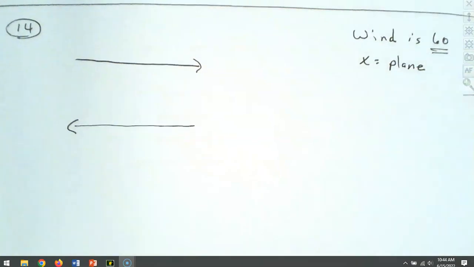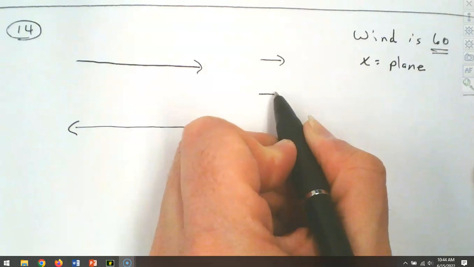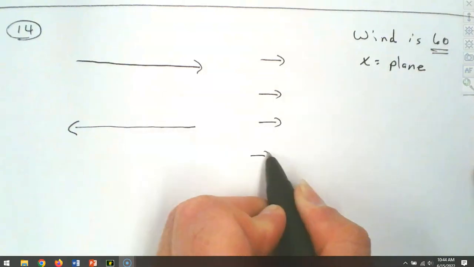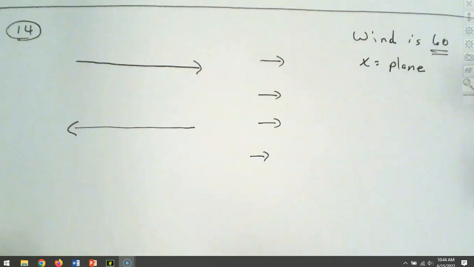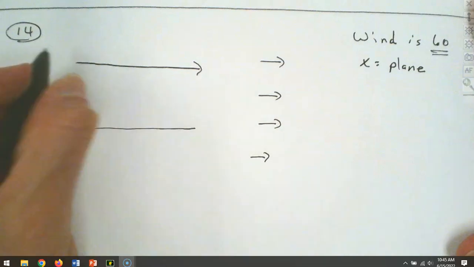So that's the maximum that plane can go in still air. Now that wind can either add a little bit or subtract a little bit from it. And the wind, when we go, is going to go in this direction. So when we go to Gotham from Metro City, it's going to add.